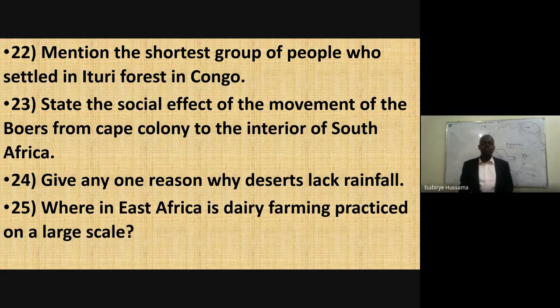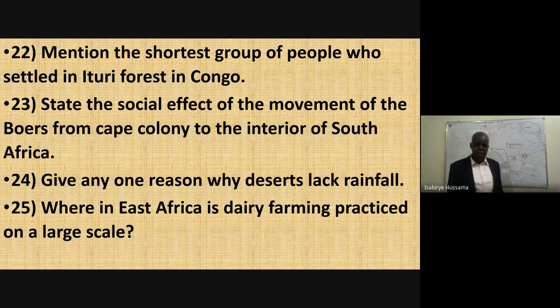Great. So the Pygmies are the shortest group of people who settled in the Ituri forest in DRC. And they are believed to be the earliest people to live in Africa. But if you go back to primary 5 history, they will give you the Bushmen.